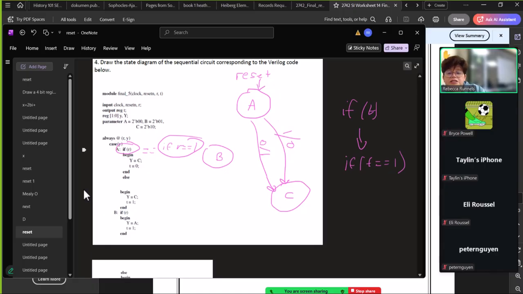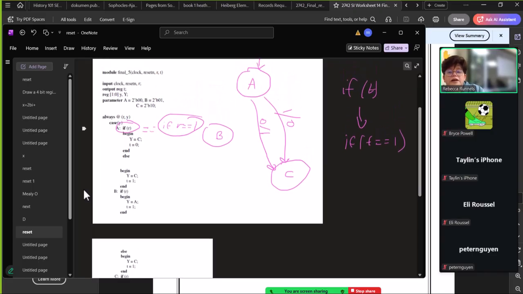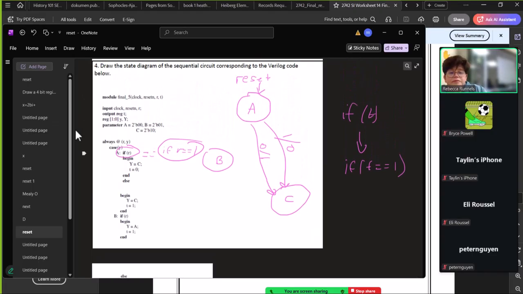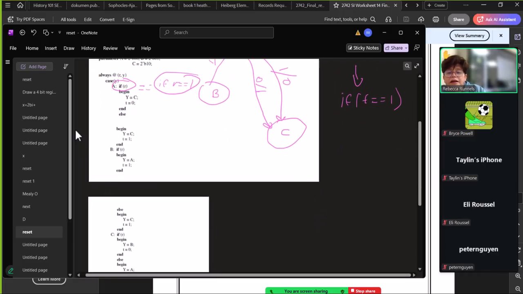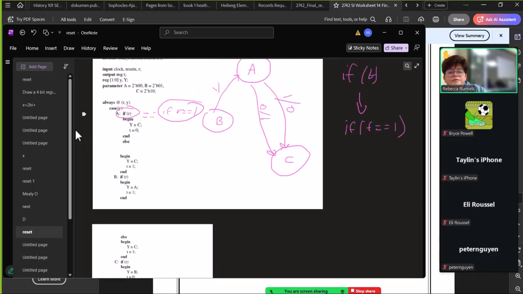Okay, so now for state B, if R equals 1, the next state is A and the output is 1. Else, the next state is C and the output is also 1.